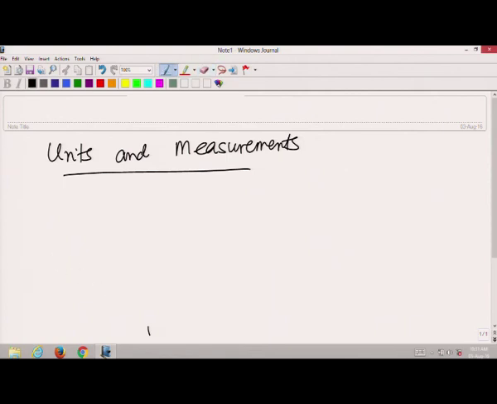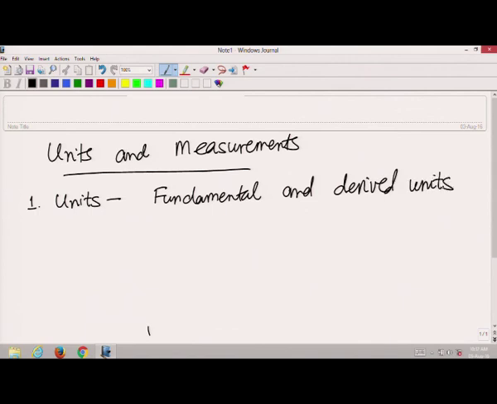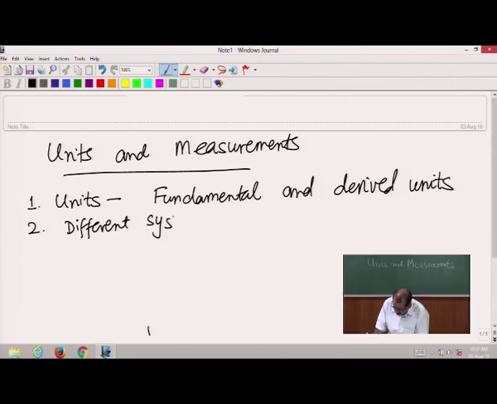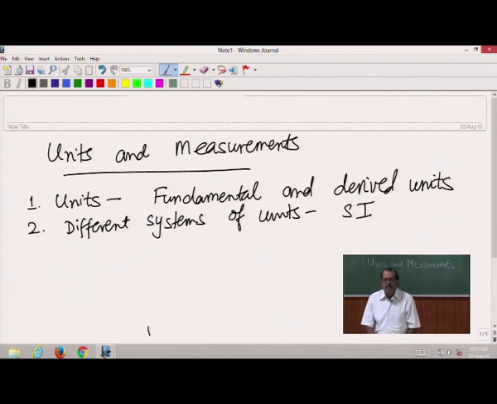In this topic, we start with a description of units and we will talk about fundamental and derived units, and then we will look at some different systems of units, and in particular we will look at the set of units which we follow called the SI units.